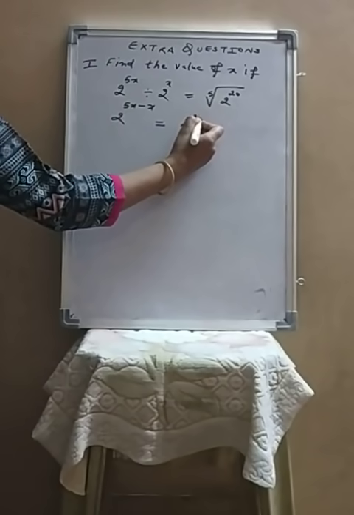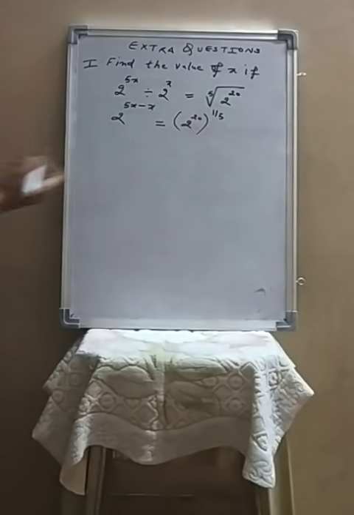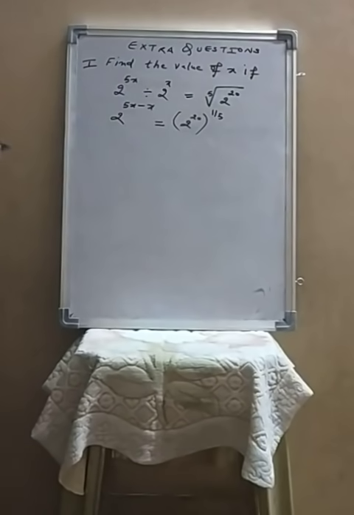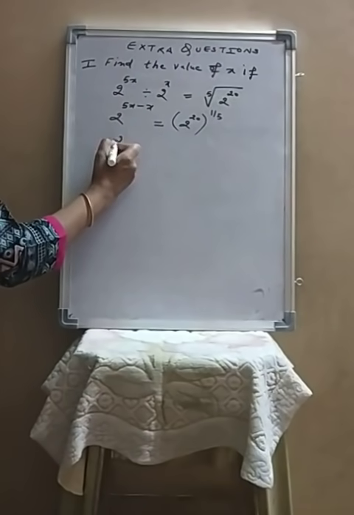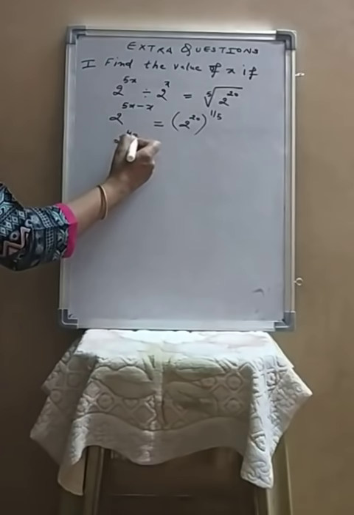You know that if it is 5th root, I can write it like this, 1 upon 5. Like square root we write half, cube root we write 1 by 3. In the same way, if it is 5th root, I can write it as the power 1 by 5. Now here what we get? 2 raised to the power 5x minus x is 2 raised to the power 4x.